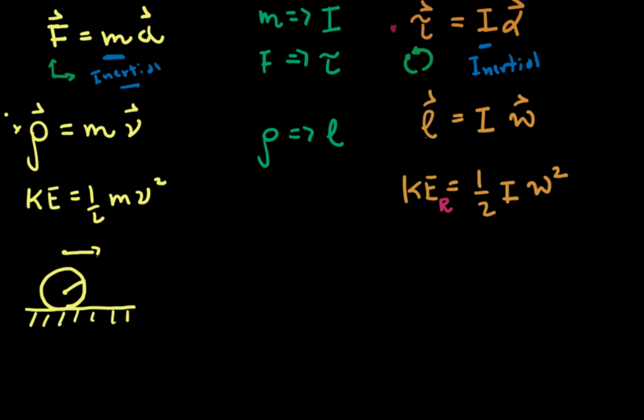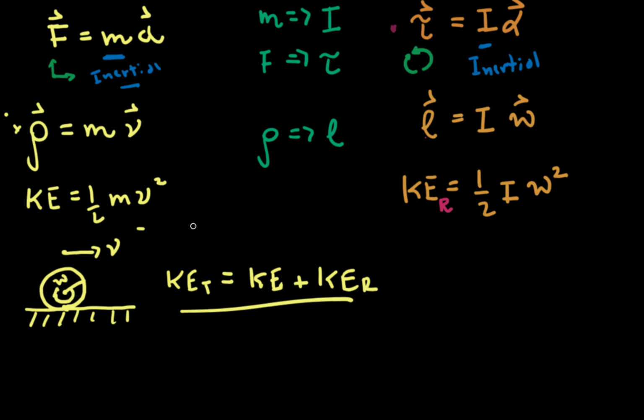If this disk has a velocity v that's translational, but there's enough friction here to get this thing rolling this way with angular speed, then the total kinetic energy here will be the sum of the translational kinetic energy right there plus the rotational energy. Okay? So these two are very special because they will show up in the same equations. They are an energy concept. They're the same unit.